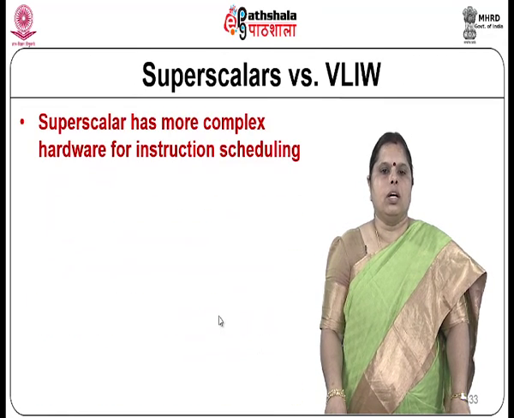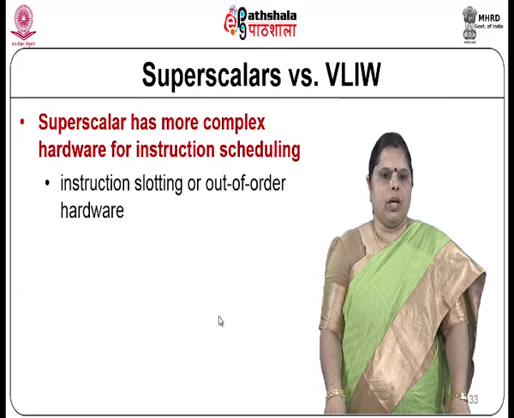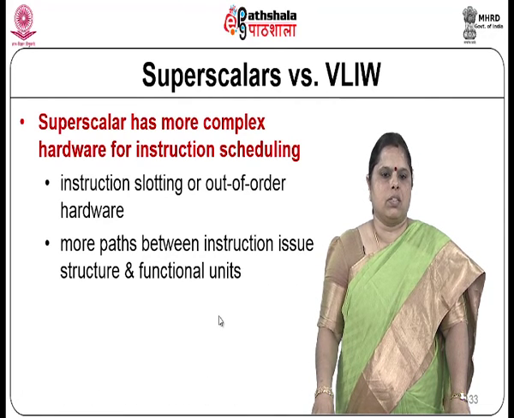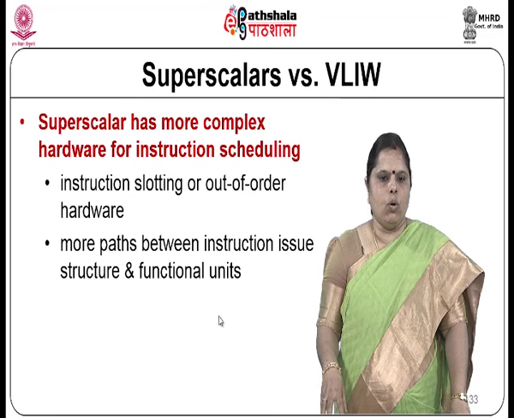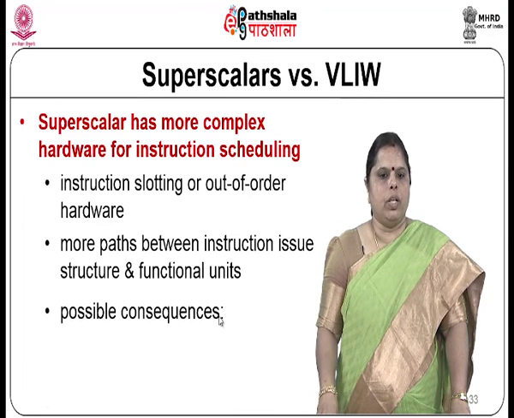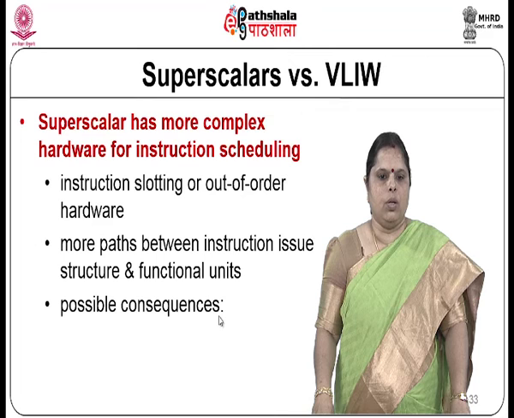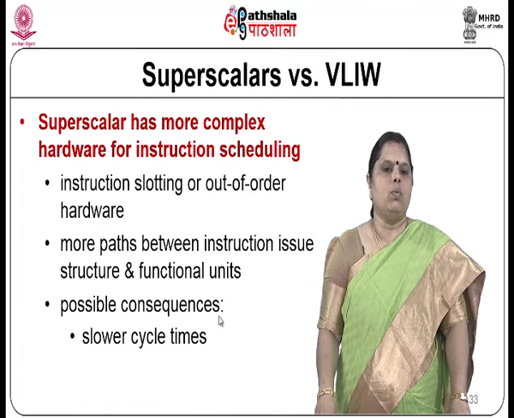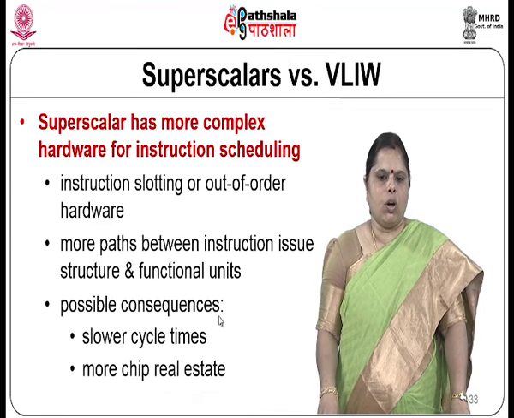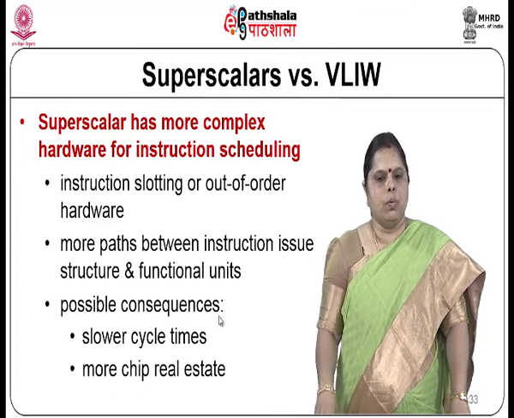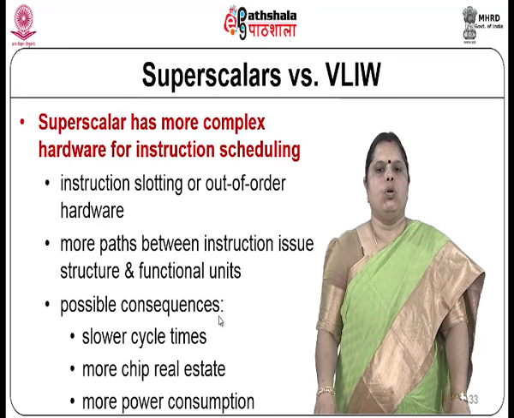If you look at the comparison between superscalars and VLIWs, superscalars have more complex hardware for instruction scheduling. They need more instruction slotting or out of order hardware. They need more paths between instruction issue structure and the functional units, and the possible consequences of that are of course slower clock cycle times, more chip real estate, and more power consumption.